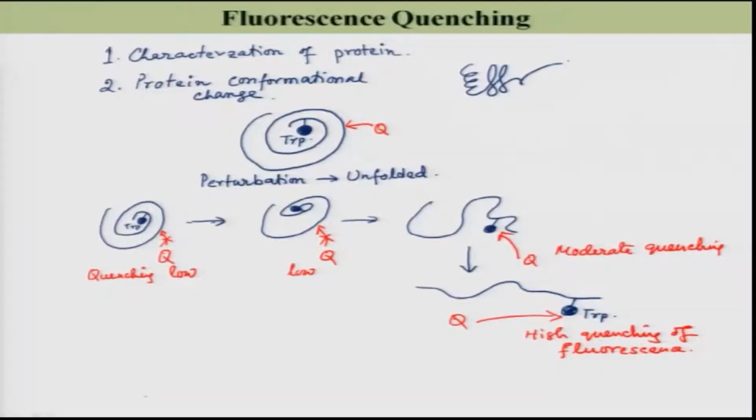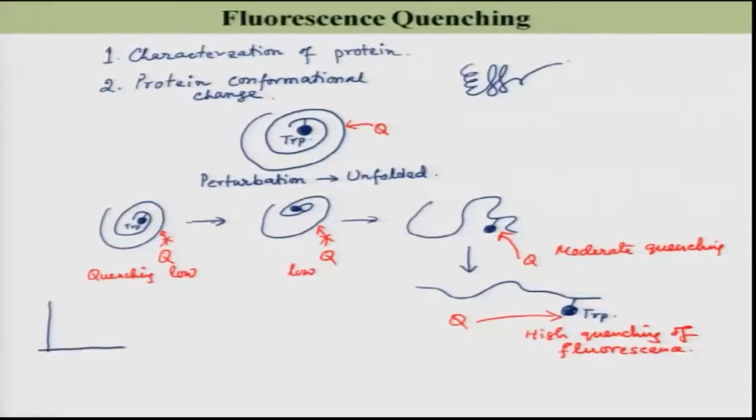In this case, if I now plot the quenching, I can plot the Kd, because this is a typical dynamic quenching. So, if the Kd value is more, you remember here, when I plot I0 by I versus Q, I get a straight line with intercept equal to 1 and my slope is Kd.